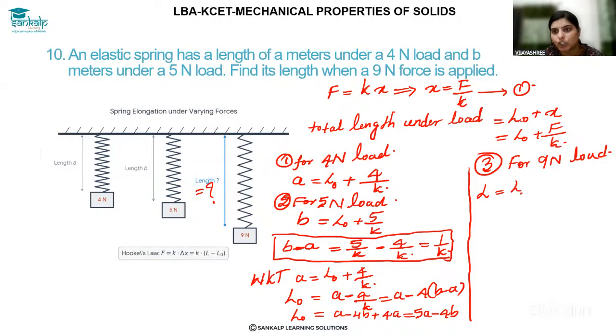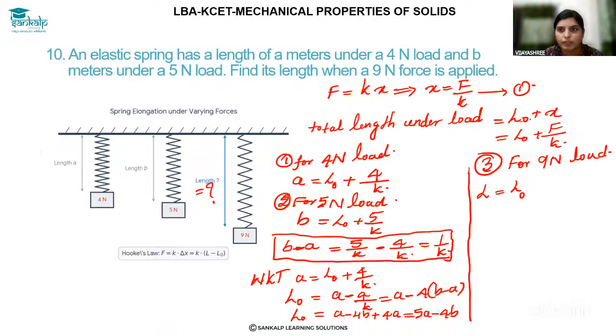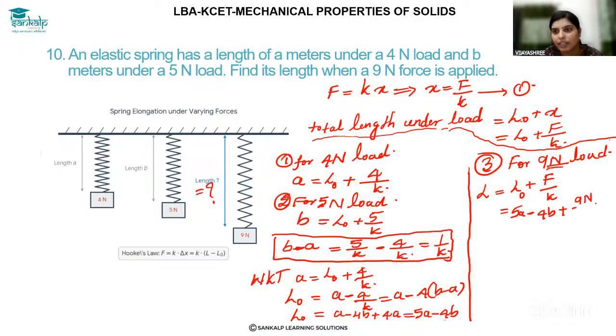Total length L is equal to initial length plus F by K, that is L0 plus F by K. So L0 plus F by K, which is equal to L0, that is 5A minus 4B, plus F, that is 9 newton, times 1 by K, and 1 by K means B minus A.